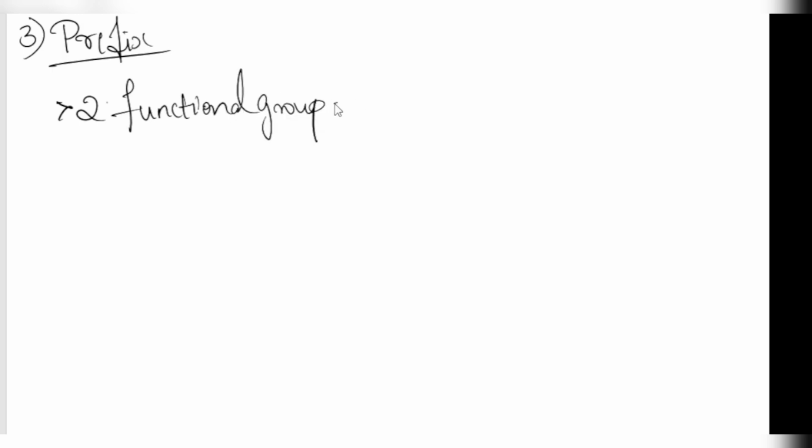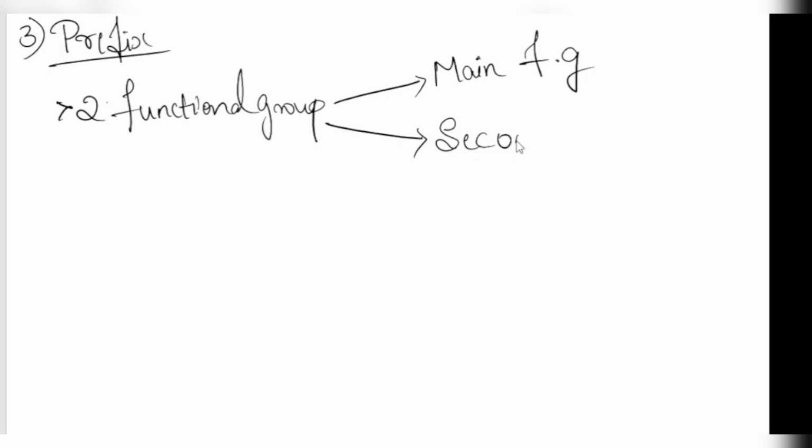One functional group I will take as the main functional group, and the second functional group I have to treat as a secondary functional group. I will write it as secondary functional group.